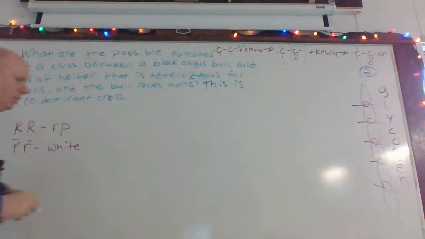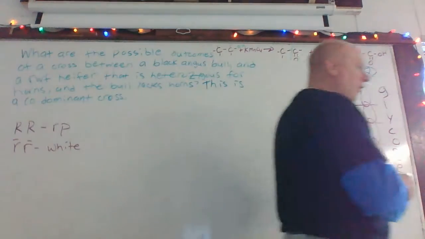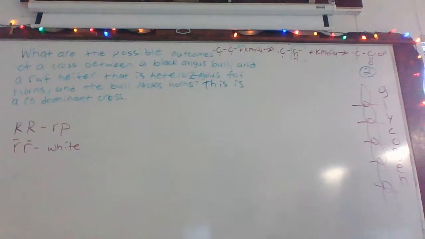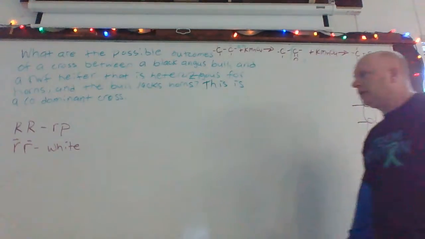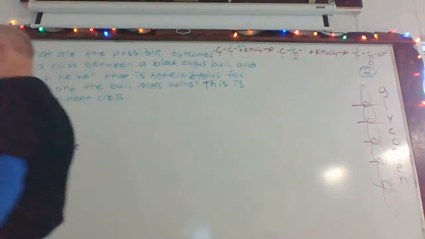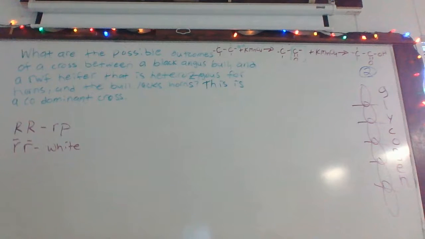Typically when we come across dominant crosses, like tall and short in pea plants, or wrinkled and constricted, or flower height, if the dominant trait is present, it masks over the recessive trait. But incomplete dominant crosses and codominant crosses are slightly different.